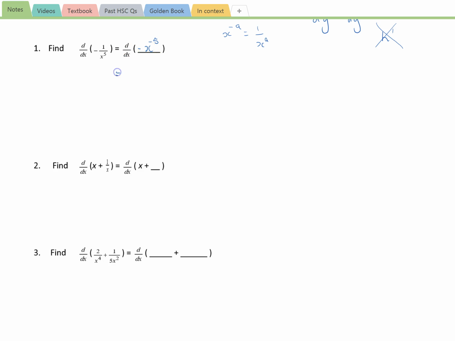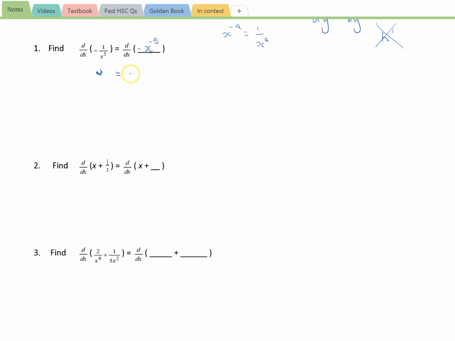So on my next line, I'm not going to write d dx because I no longer am setting it up to differentiate. In this line right here, I am actually differentiating it. I'm indicating these two lines are exactly equal.